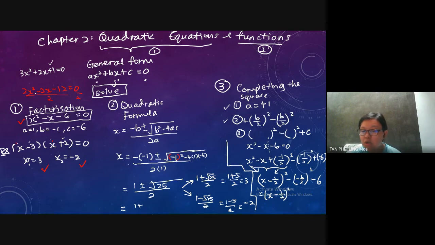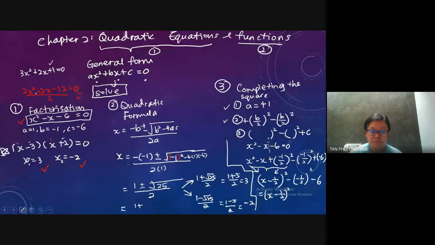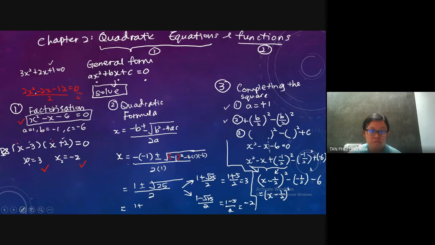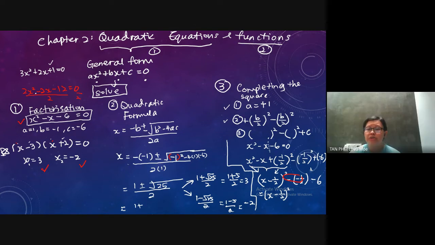Now this one, I want to ask a question. Can we do minus minus become positive? No. Why no? Because there is square. Very good. Because there is a square.